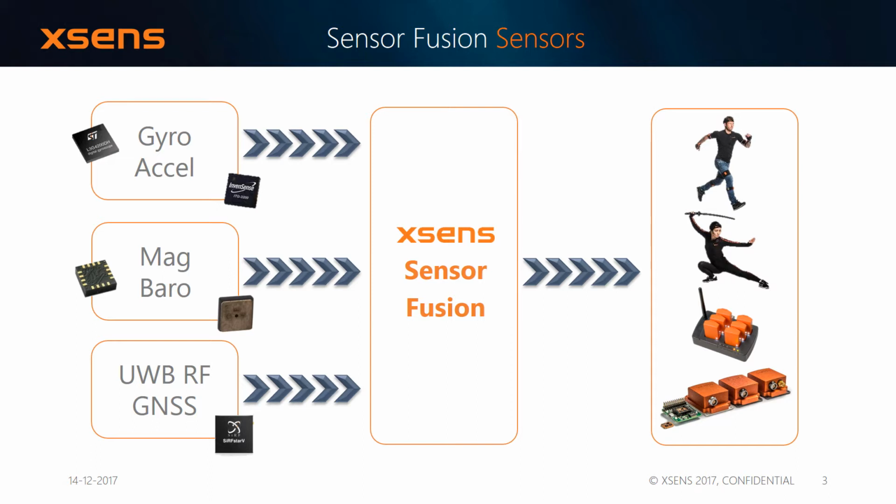We know how to fuse that data to get sensible data out of those hardware components. What we do with that, as you can see on the right side, is create either single trackers for the industrial market or full body configurations for either mocap for the entertainment industry or mocap for research, rehabilitation, etc.